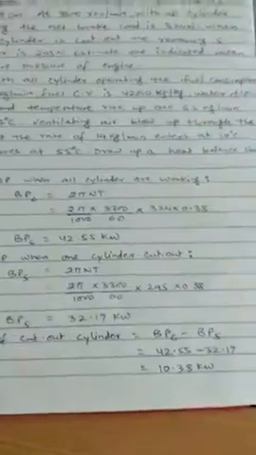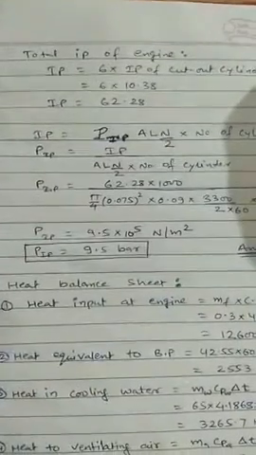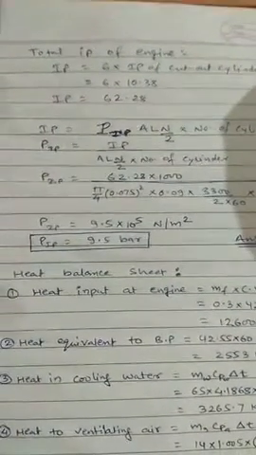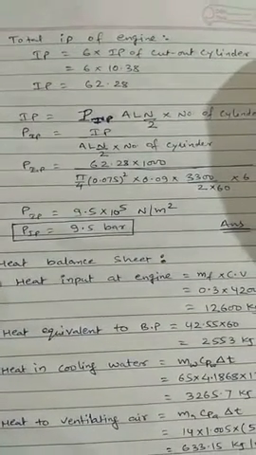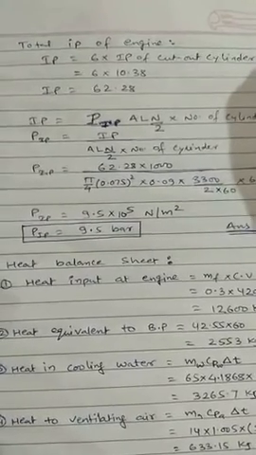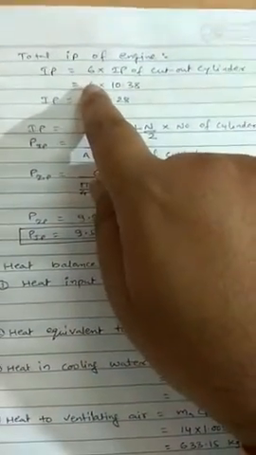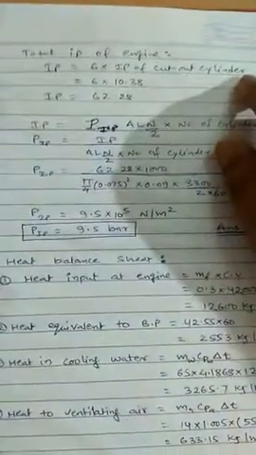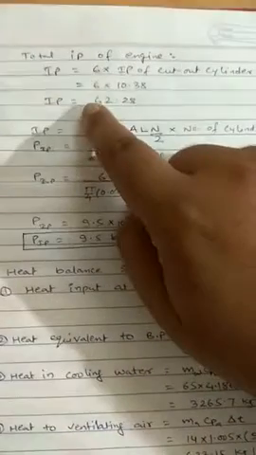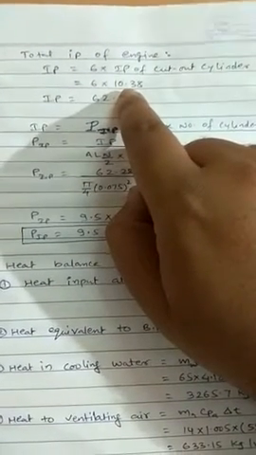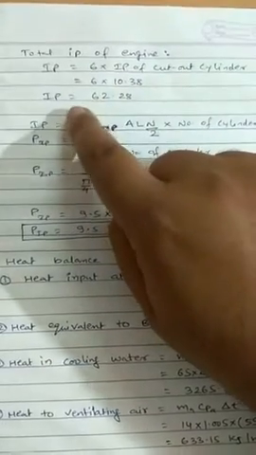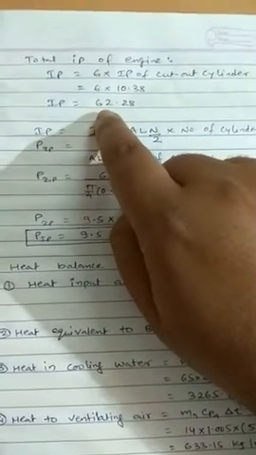After this, we find the IP of the whole engine, meaning 6 cylinders. Total IP is 6 into IP of the cutoff cylinder. Calculating this, IP is 62.38 kilowatt.